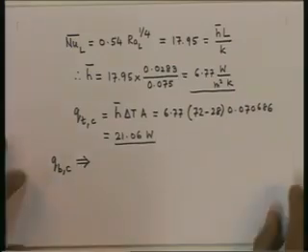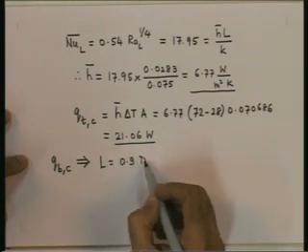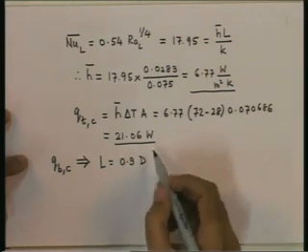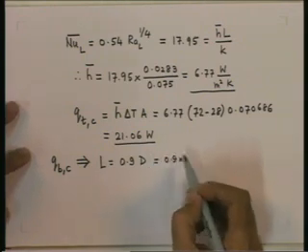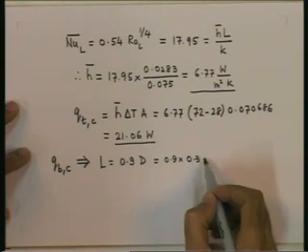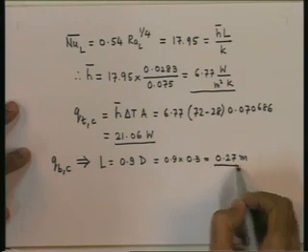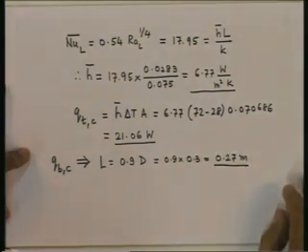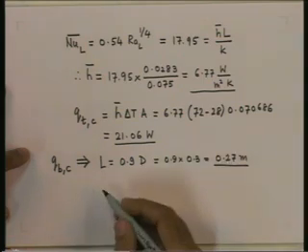For this, since it is a circular plate, L is defined to be 0.9 times diameter. So, this turns out to be 0.9 into 0.3, which is 0.27 meter. Notice that this is significantly different from that for the upper surface.